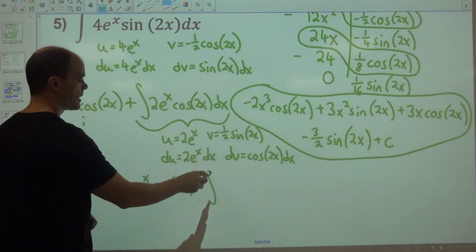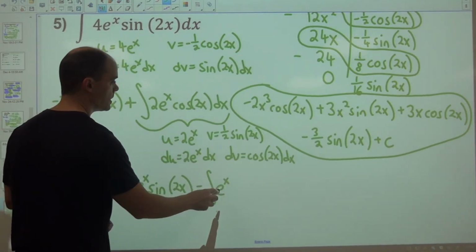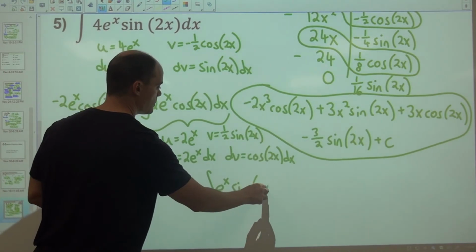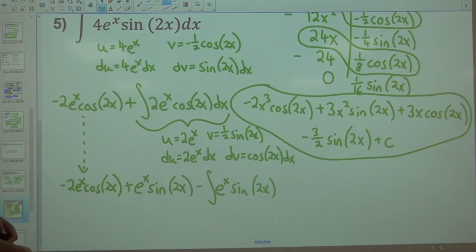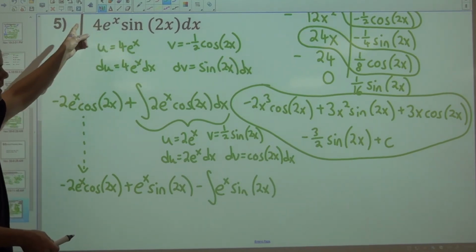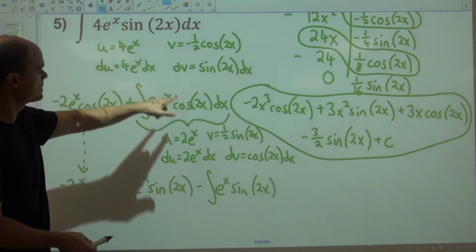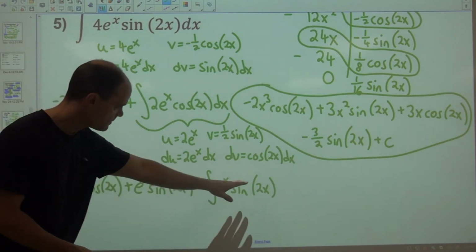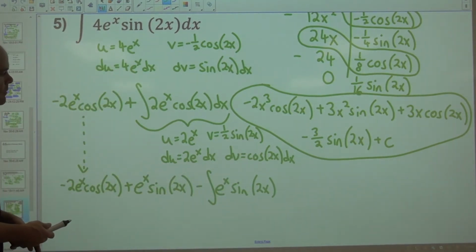The 2 and 1/2 cancel again, and we get e to the x sine of 2x. Now here's this weird moment. So I had this 4 here, I'm going to have to deal with that, but I can see that these things match up. So we'll deal with the 4 in a second, but I'm finished with my 2 rounds of parts.